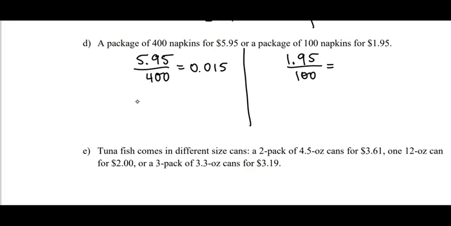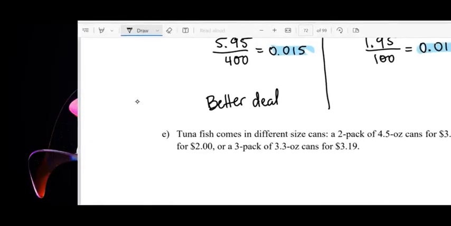And then 1.95 divided by 100, you should not have to use the calculator for that, gives 0.019. All right. So the package of 400 napkins costs less per napkin than the package of 100. So 0.015, 0.019. And what is the better deal? Right here. Right. And here's the last one.